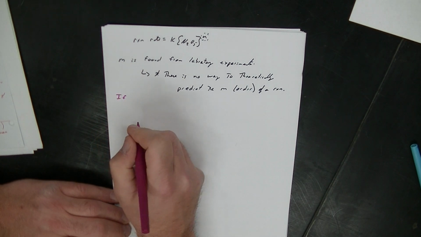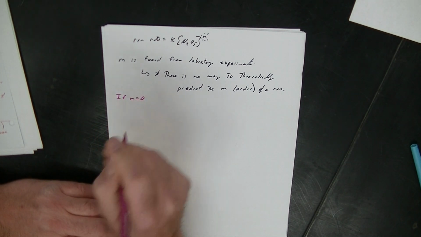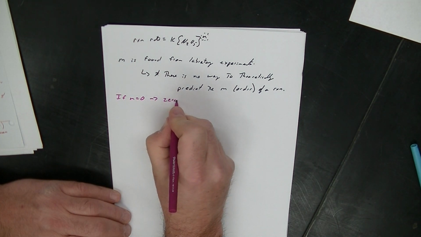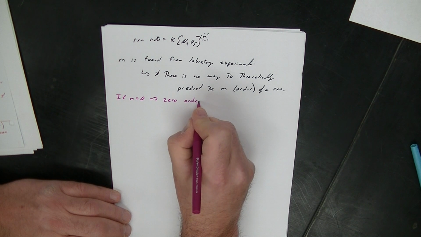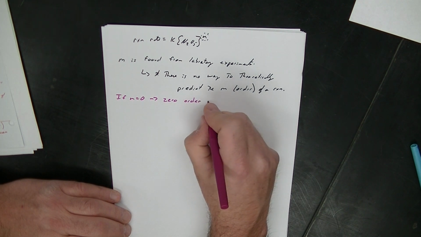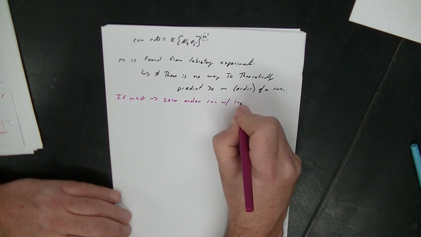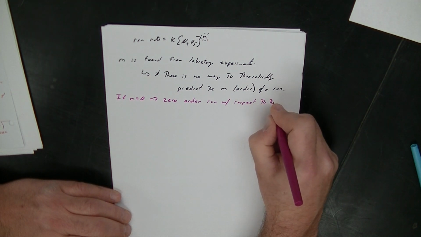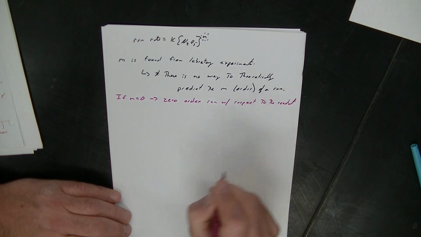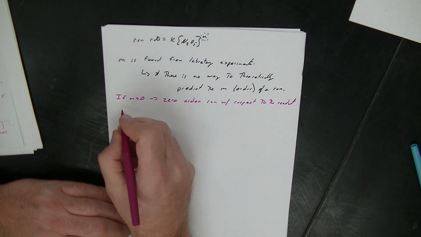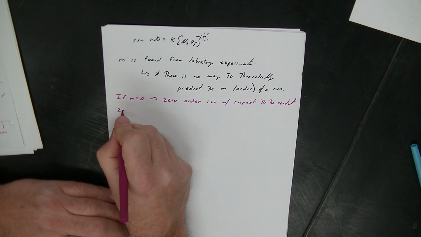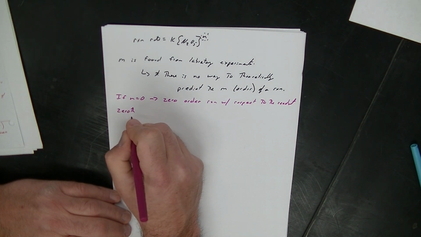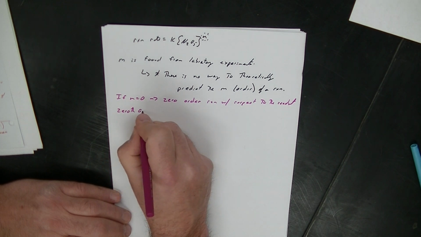All right. So now, if we calculate these M's, what do they mean? Well, let's say that if M is equal to 0, we say this is a 0 order reaction with respect to the reactant. Sometimes we'll say that it's zeroth order.